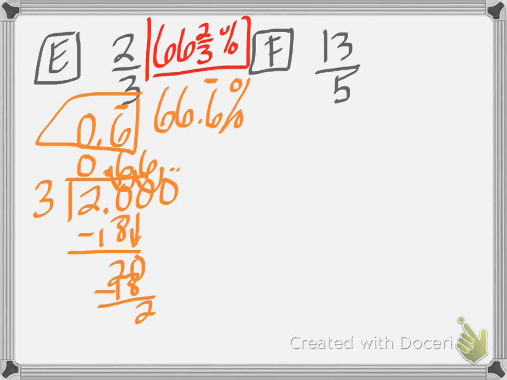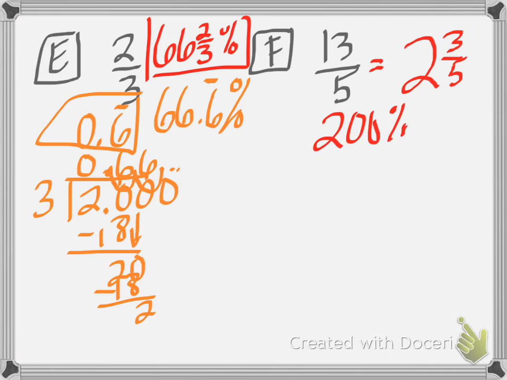Example F, now I have an improper fraction, 13/5. I don't know what that is, but I can convert it to a mixed number. That'll help me. 5 would go into 13 twice, so I would have 2 3/5. Now 2 is 200%. And 3/5, well, I need to convert that to 100.